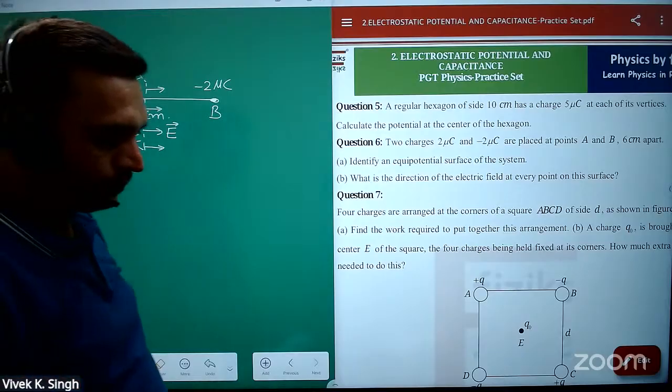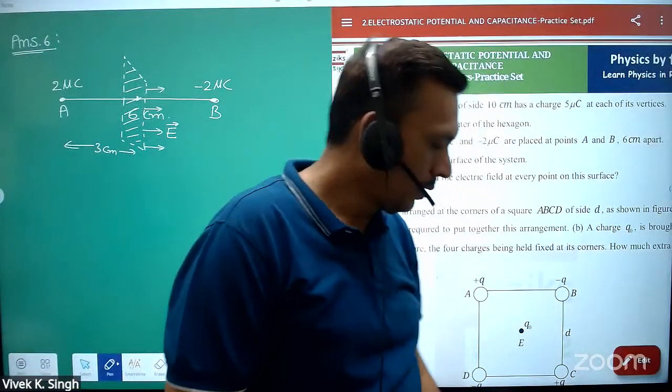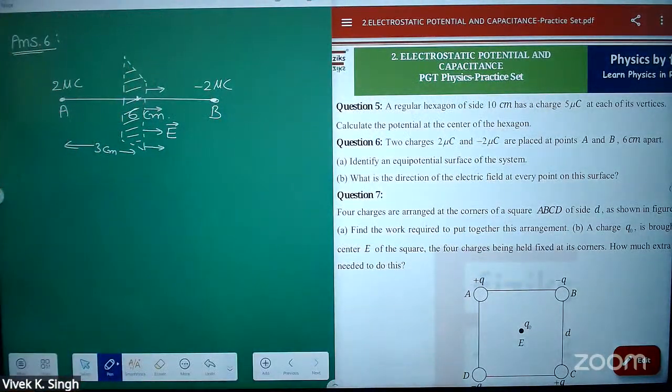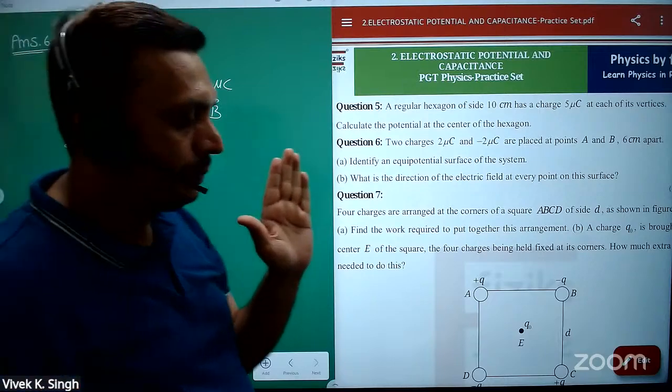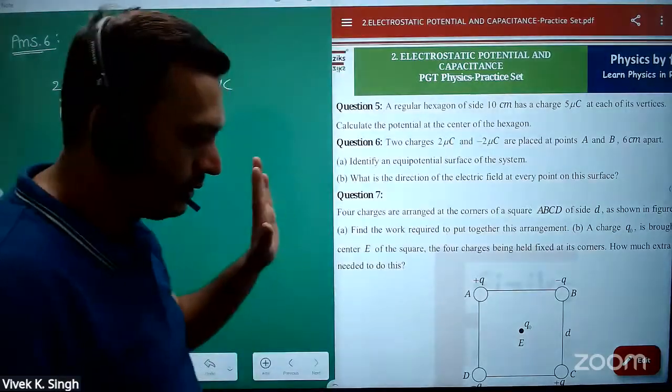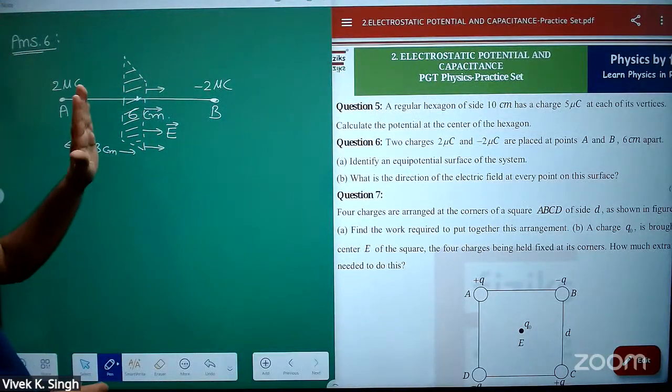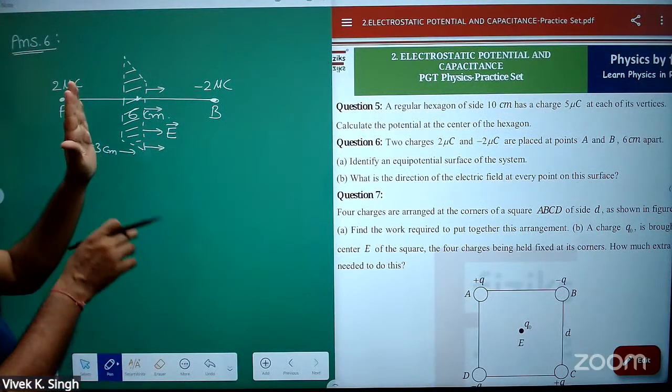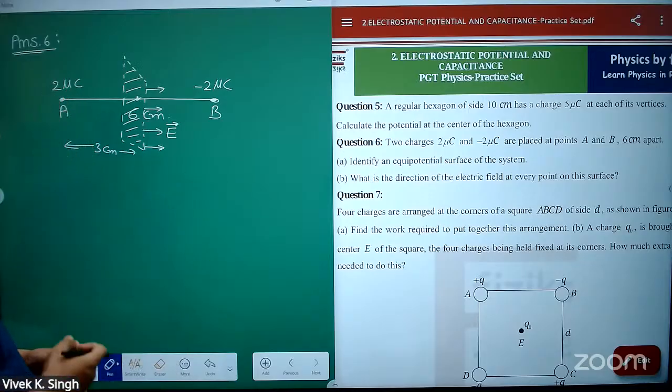Clear? So electric field will be perpendicular to the equipotential surfaces. If you draw the equipotential surface, electric field will be perpendicular to that.